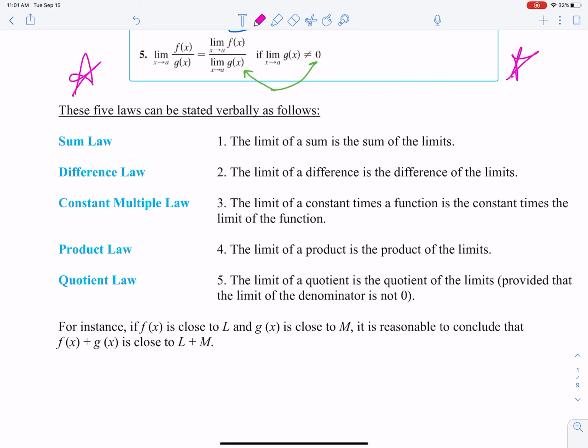Product law: the limit of a product is the product of the limits. Quotient law, very similar, just make sure that your denominator limit is not equal to 0. For example, if f(x) is close to L and g(x) is close to M, it's reasonable to conclude that f(x) plus g(x) is close to the sum of those two limits.